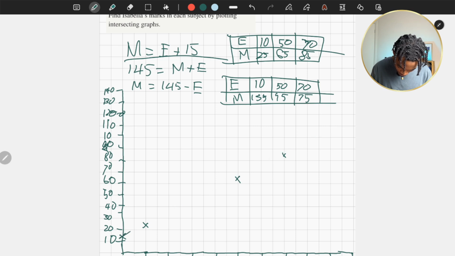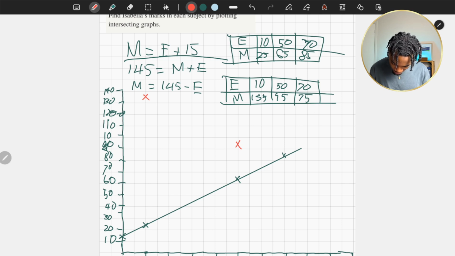Pretend that is straight. Then our next one: 10 and 135, 50 and 95, and 70 and 75, about here. Draw a line through them.